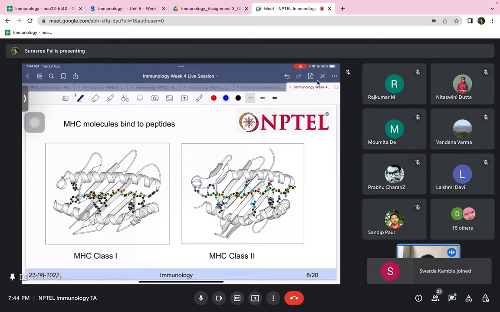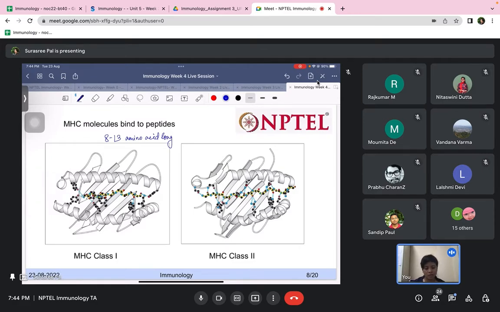The restriction is around 8 to 13 amino acid residues, so the antigenic peptide has to lie between 8 and 13 amino acids long.